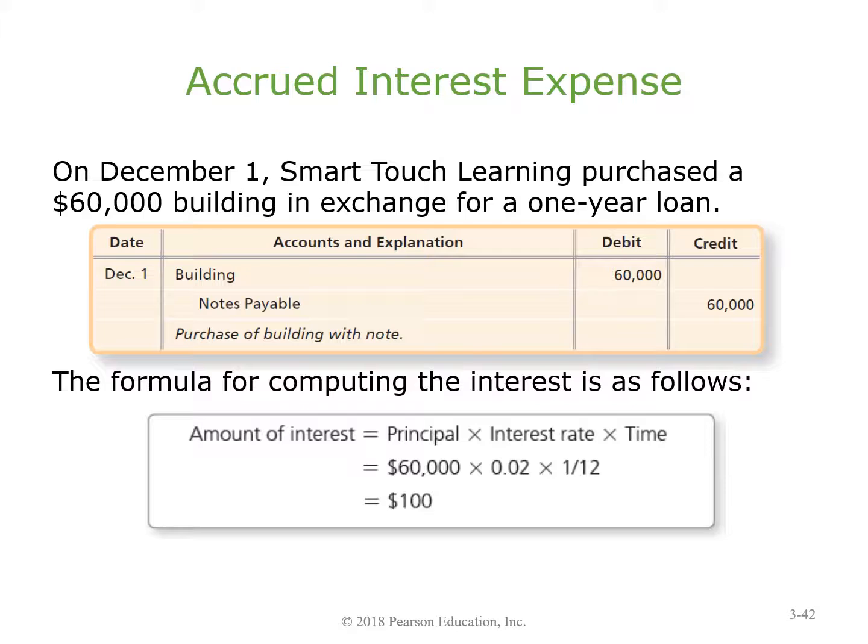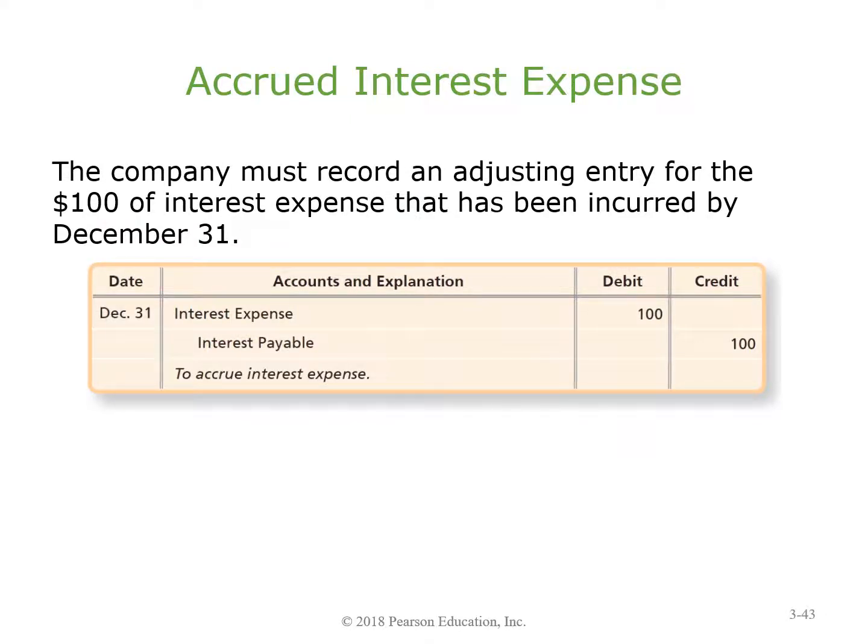And the reason it's 1/12 is the interest rate that we're given is always given as an annual interest rate. So to get it to 1 month, we just take it times 1/12, or however many months we're trying to accrue for. So we would debit interest expense and credit interest payable for $100.